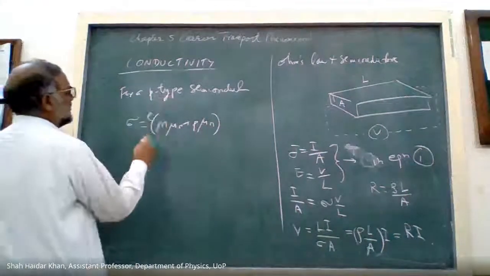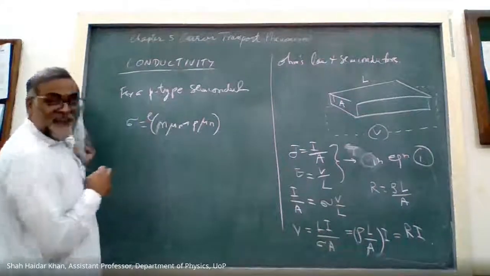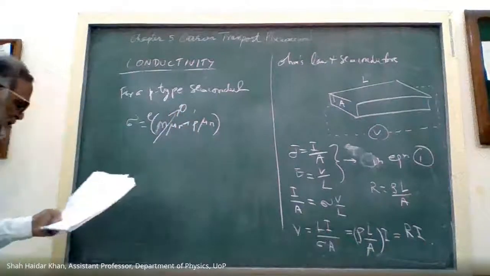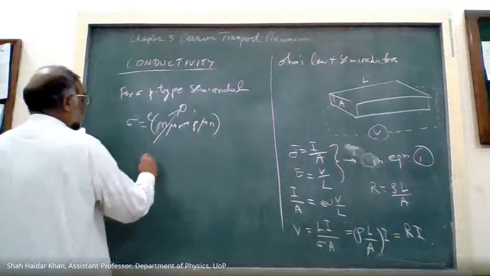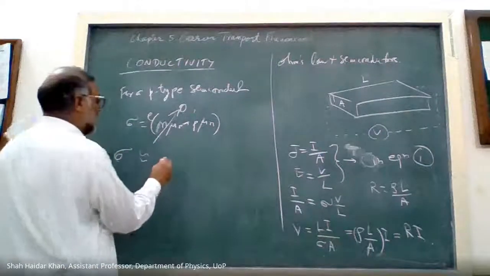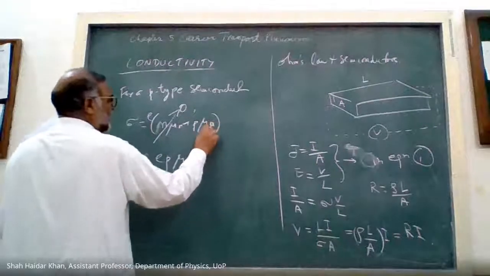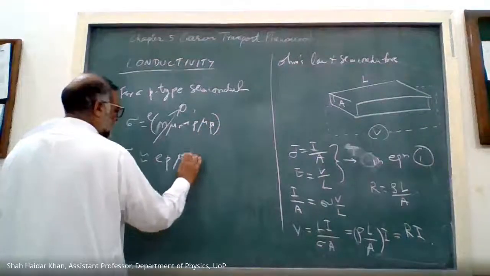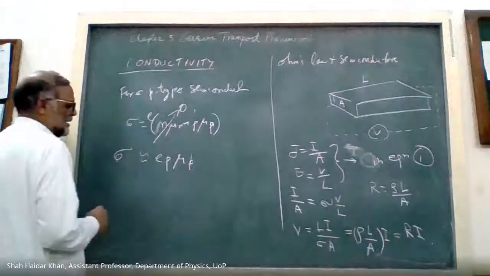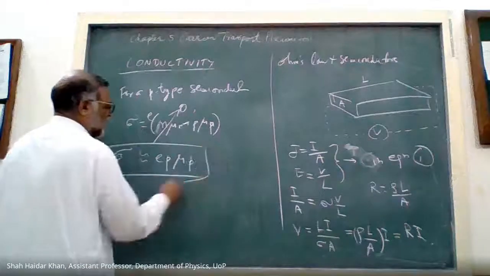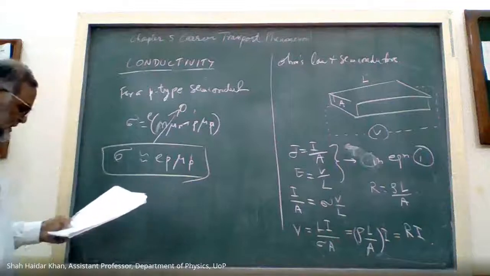But for a p-type semiconductor, the electron term will go to 0. Therefore, the conductivity can be written as e p mu_p for a p-type material.